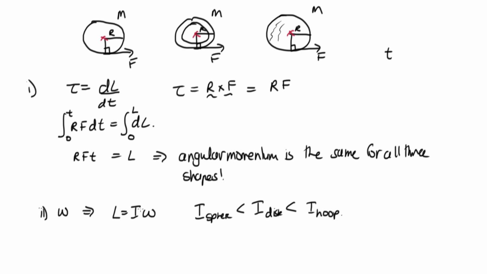Okay, so if we've got a big moment of inertia, we will have a small angular speed in order to have the same angular momentum. So in this case, the angular speed of the sphere is greater than the angular speed of the disc, which is greater than the angular speed of the hoop.